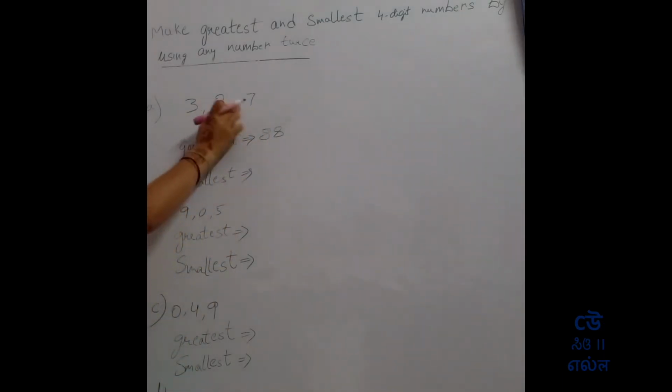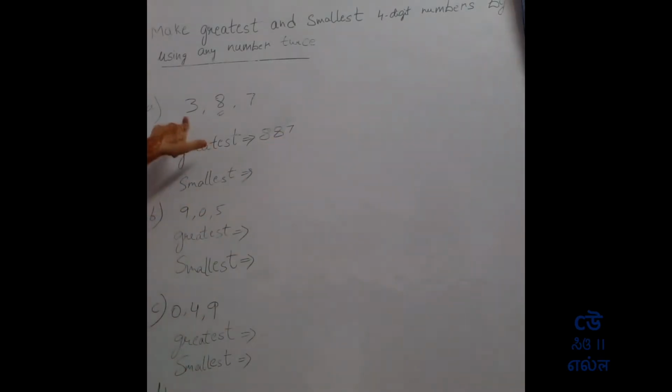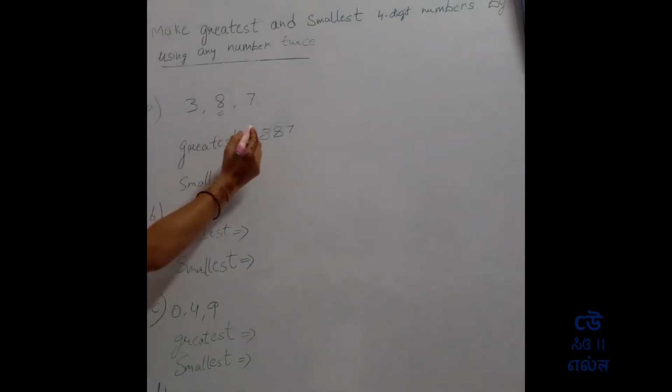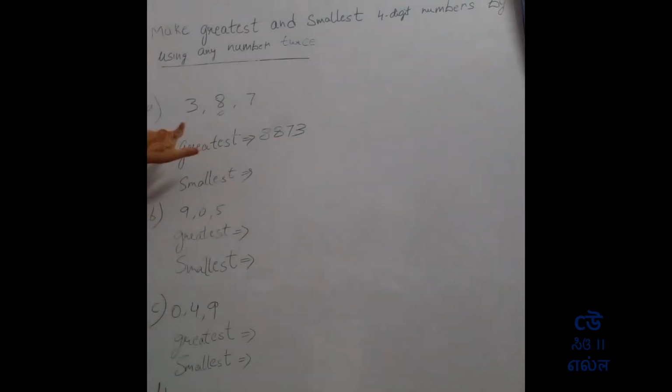The next greatest among 7 and 3 is 7, so we write it next. Then the remaining is 3. So the number we formed is 8873.